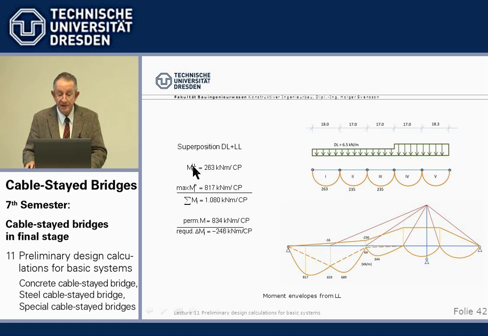That should be dead load, I'm sorry. We have plus 263 in the first span from dead load. We then had plus 817, I've repeated it here, from the life load moment envelope. So if we just superimpose, without any additional cable shortenings, the dead load and life load, we come to plus 1080 kilonewton meter at that point.